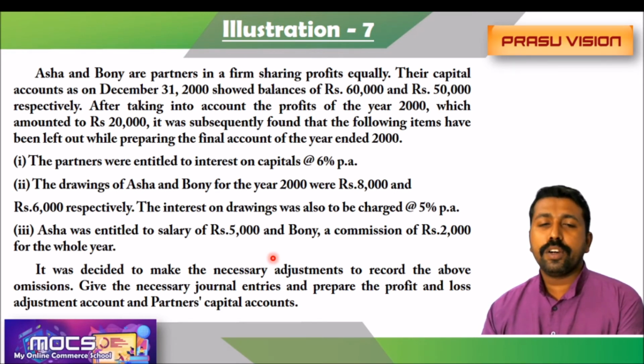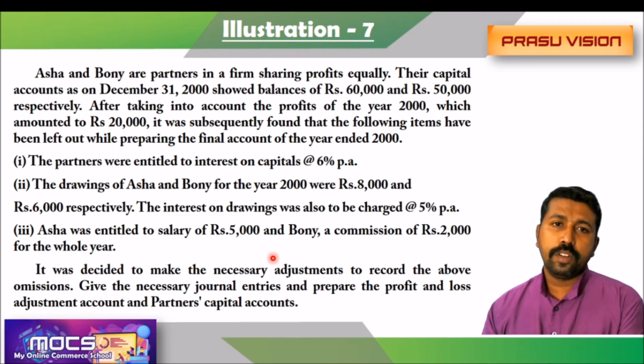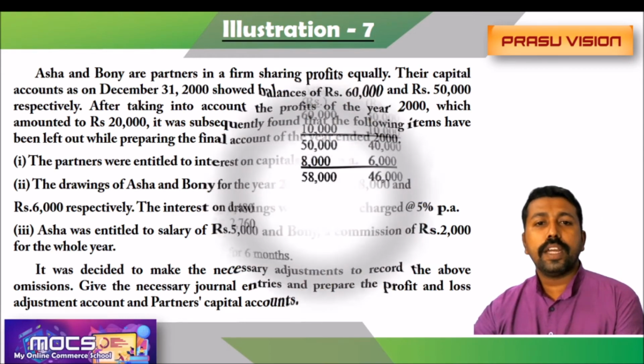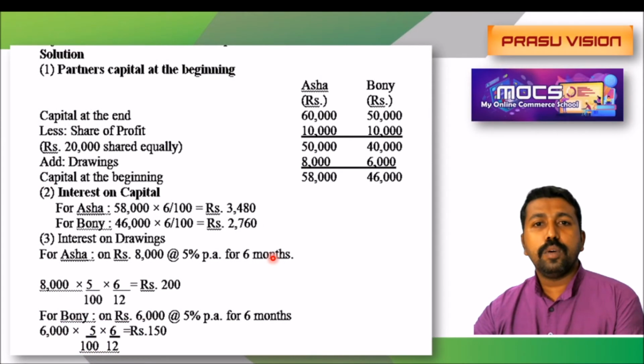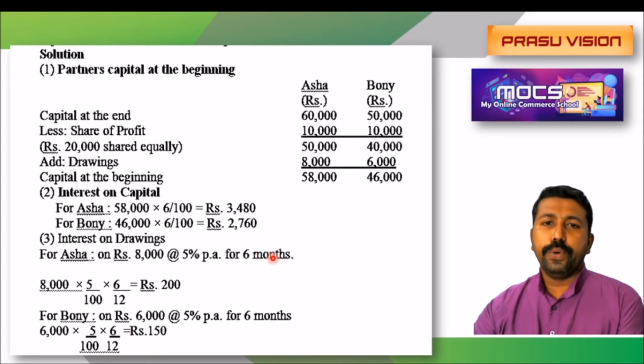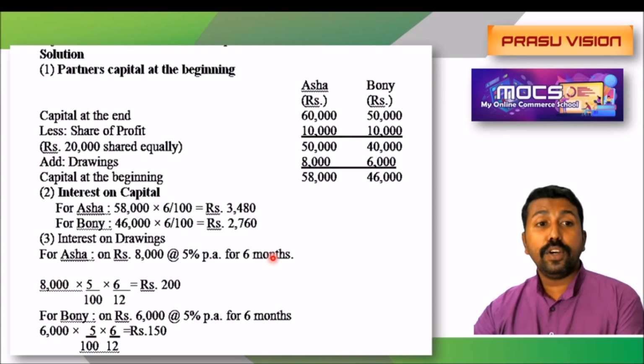So, dear students, we are going to learn how to prepare the journal entries separately, how to prepare the profit and loss adjustment account, and how to close the partners' capital accounts with the adjusting entries. First of all, we have to learn how to calculate the items and how to write the entries. In this problem also, the capital at the end of the year is given. We have to find out the opening capital first.